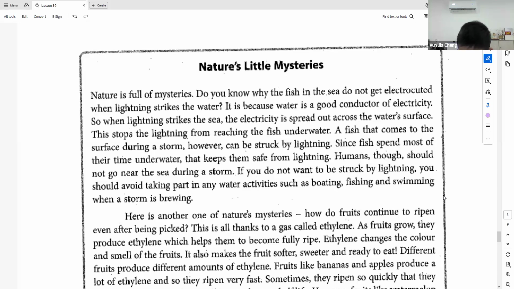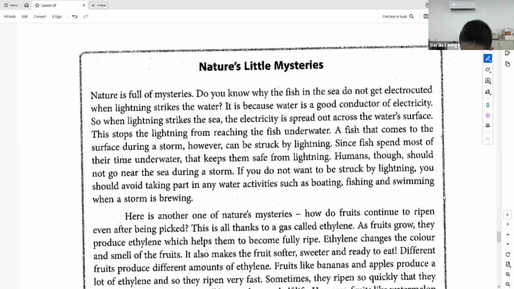It is because water is a good conductor of electricity. So when lightning strikes the sea, the electricity is spread out across the water surface.